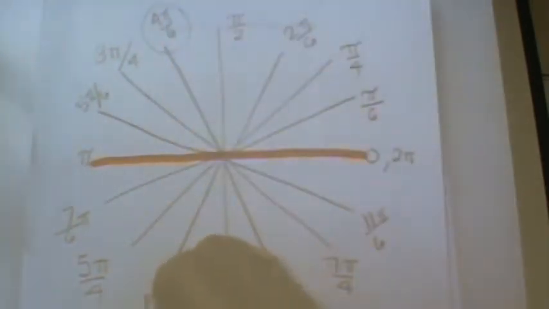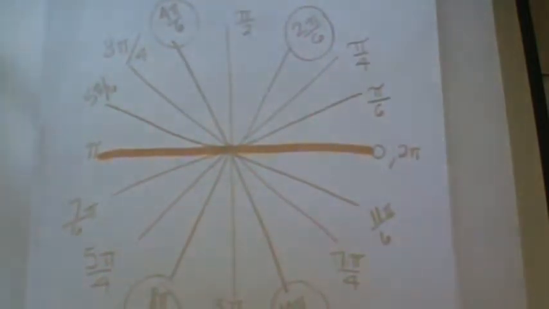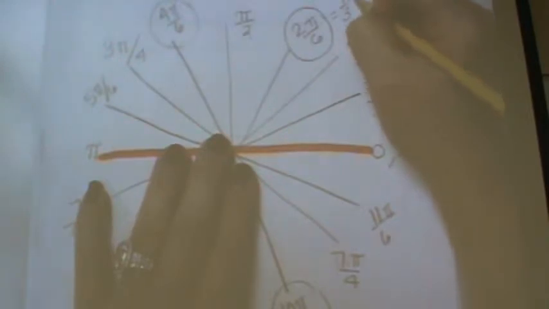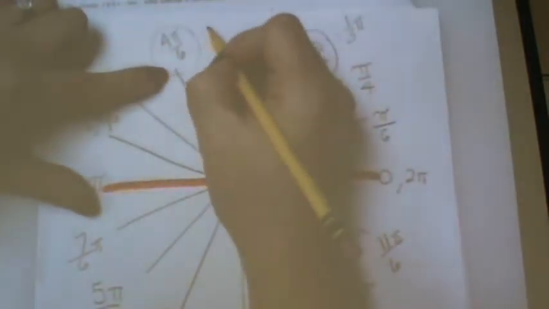Now, there are these angles right here that are not reduced. If you were to reduce those angles, what would they be? They would be thirds. All of them are thirds. So this is 1/3, which is 60 degrees off the x-axis. This is 2/3.